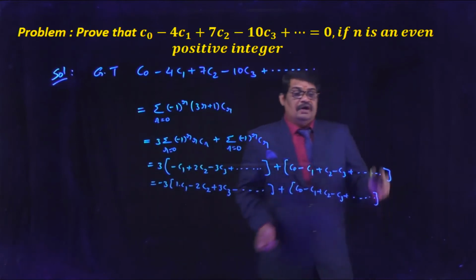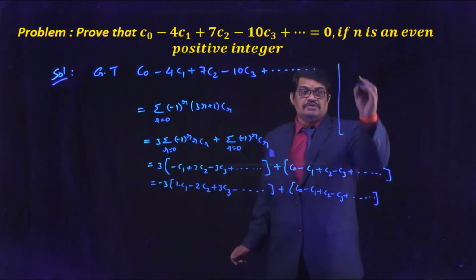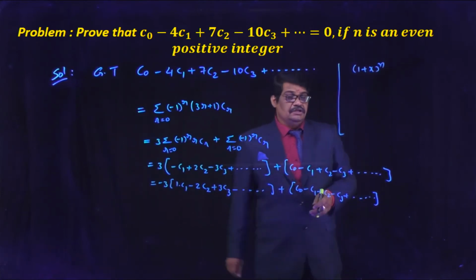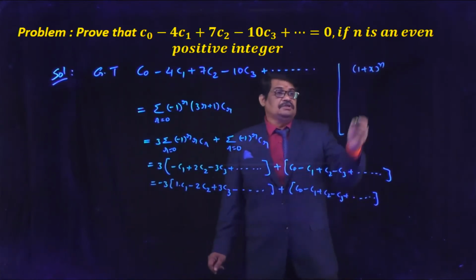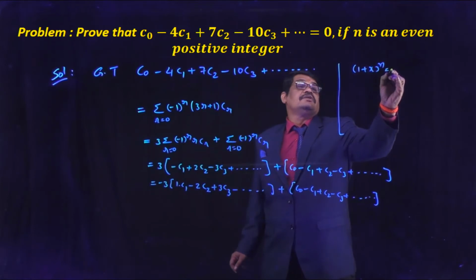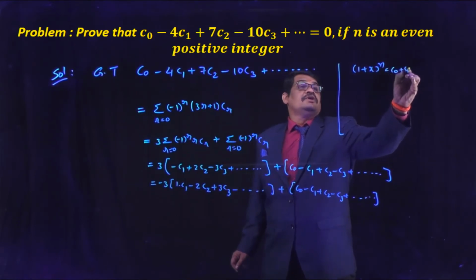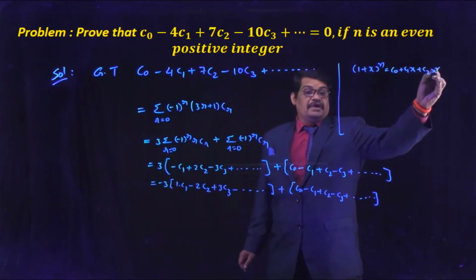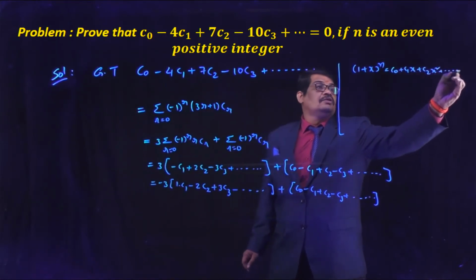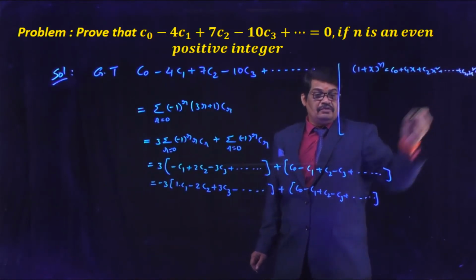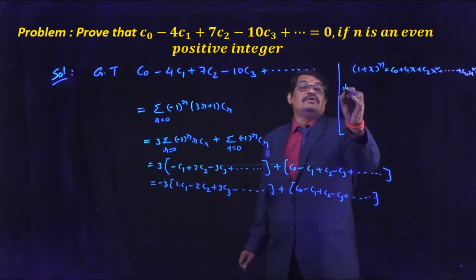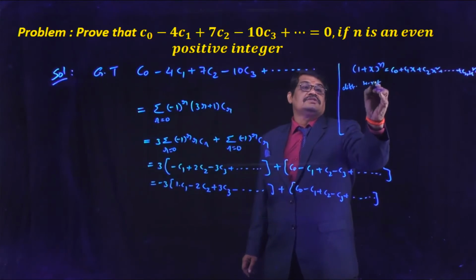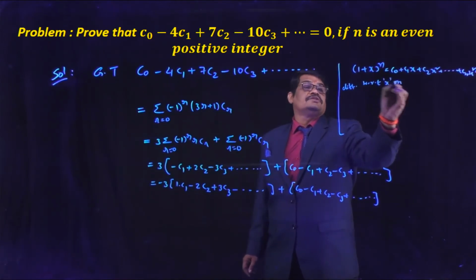Once again I am recalling this. Suppose we take 1 plus x whole power n. That is the standard binomial expression. What is the expansion? That is C0 plus C1 x plus C2 x squared and so on, up to Cn x to the power of n. Now we differentiate with respect to x on both sides.